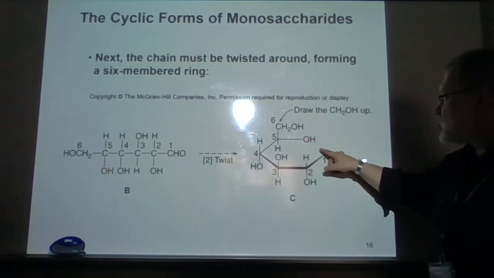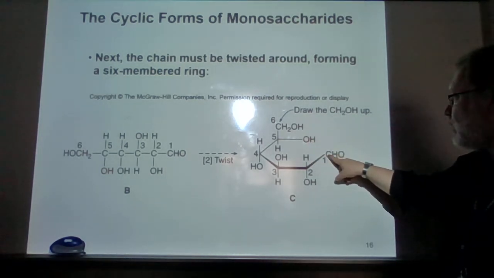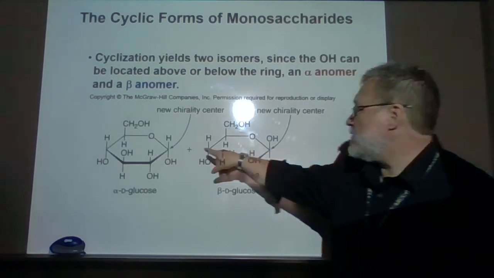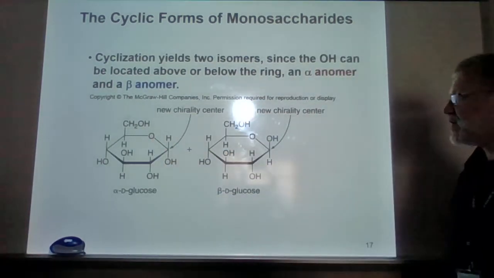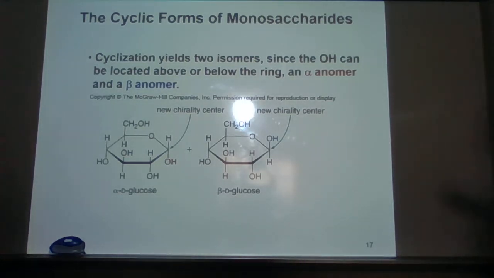Then the OH forms a bond with this oxygen, forms a bond with this carbon, giving us this particular isomer. The cyclization can lead to 2 isomers.